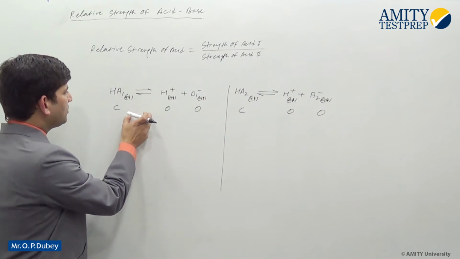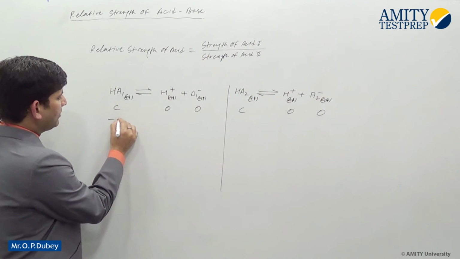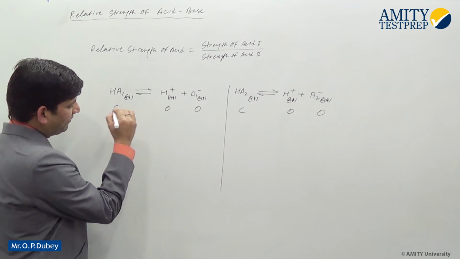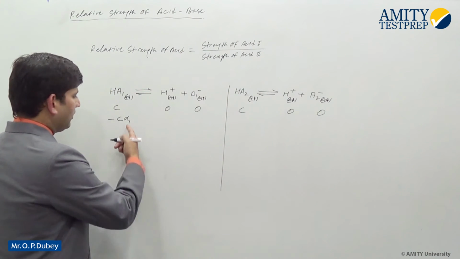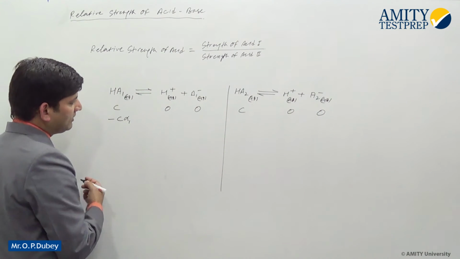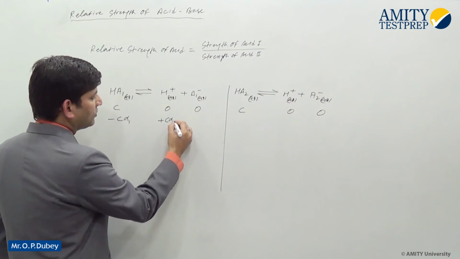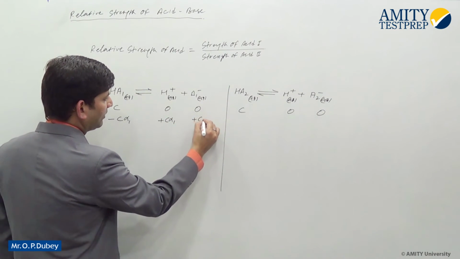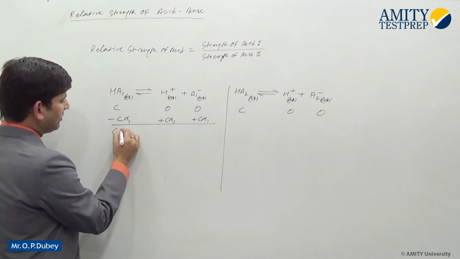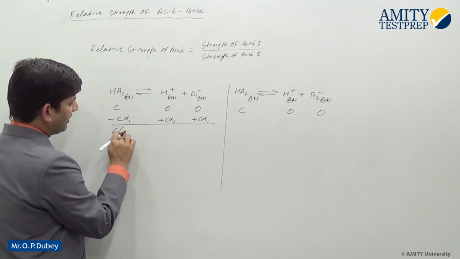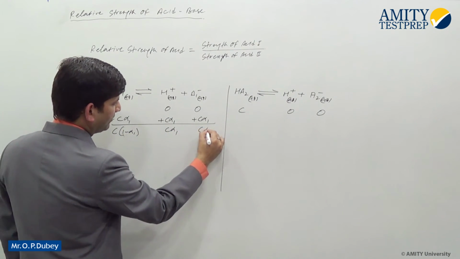If the degree of dissociation of the weak acid HA1 is alpha 1, it dissociates C alpha 1, and the H+ ion formed is C alpha 1 and C alpha 1. The concentrations at equilibrium are C(1 - alpha 1), C alpha 1, C alpha 1.